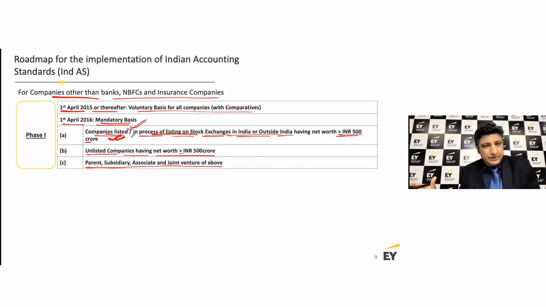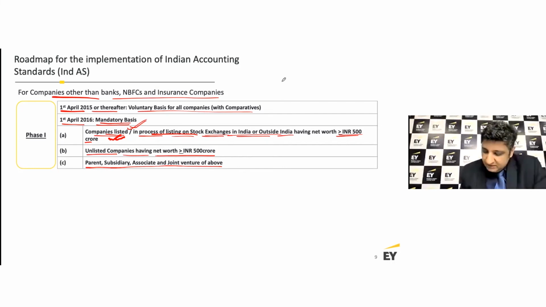It's important to agree on that part, because it cannot happen that one company within the group is using one set of GAAP, which is Ind AS, versus the other group companies using another set of GAAP, which is AS. So at a group level, you would again be required to follow the same set of accounting standards, right?